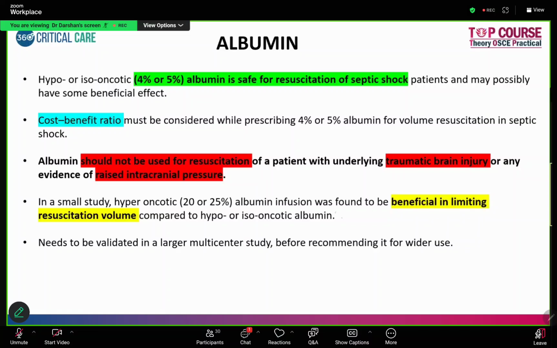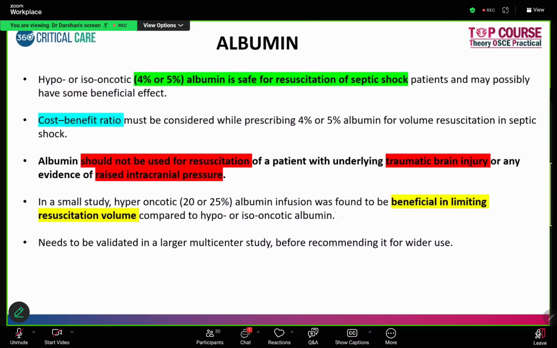What is the problem? 4 to 5% albumin is usually safe for septic shock patients, given that they do not have any other issues like traumatic brain injury. Why? On the whole, 4 to 5% albumin is usually a hypo or isooncotic fluid. They roughly fall between 270 to 280 milliosmoles.